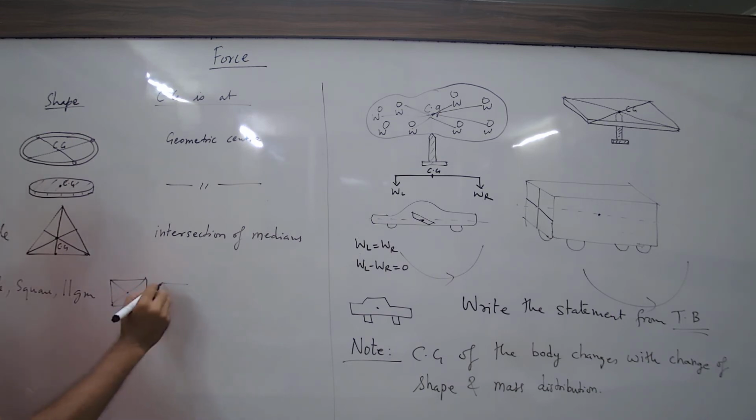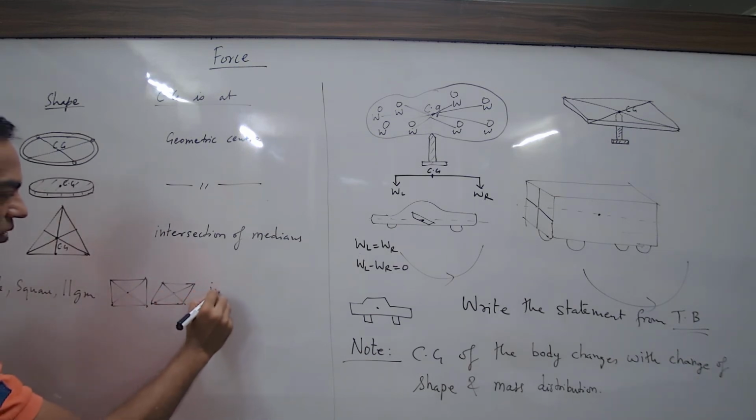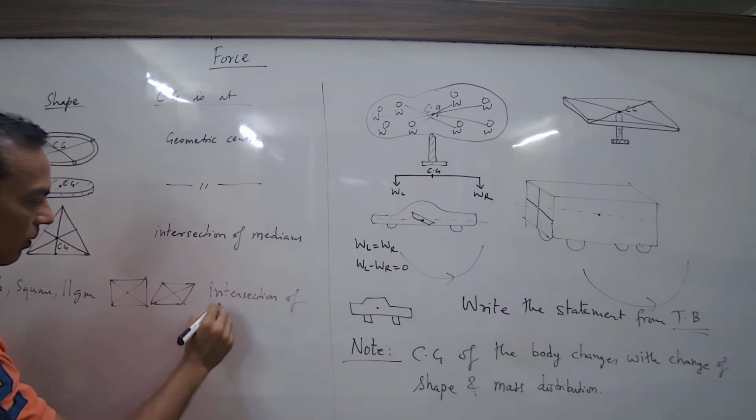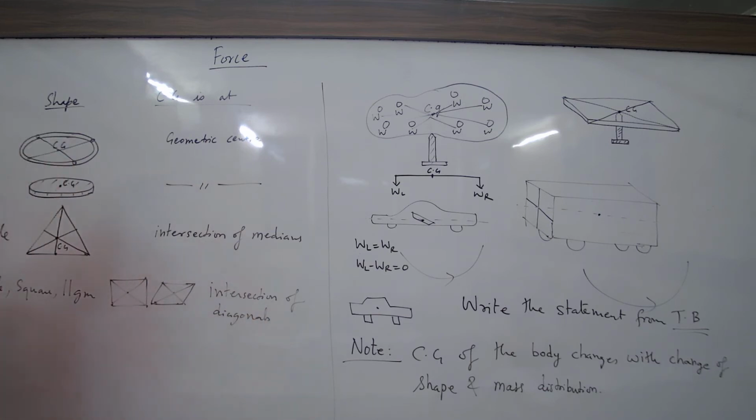Rhombus, anything. So any such thing will have its CG at the intersection of diagonals. Clear?